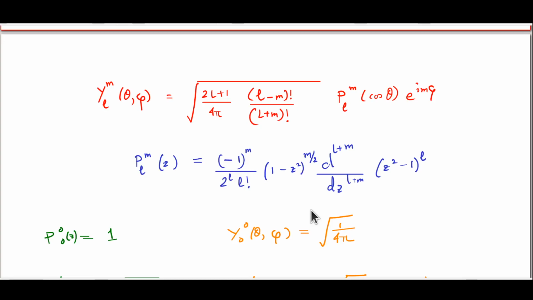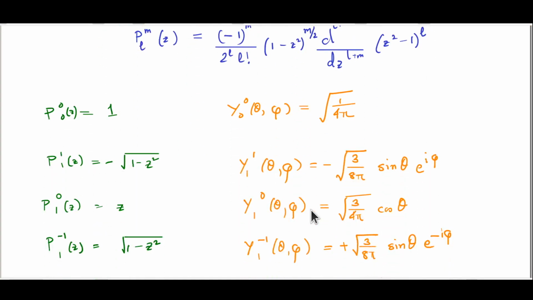L equal to 1 has 3 different values because there are 3 values of m: 1, 0 and minus 1. And here they are listed here. P11z is minus square root of 1 minus z square from the definition. P01z is just z. P1 minus 1z is square root of 1 minus z square.